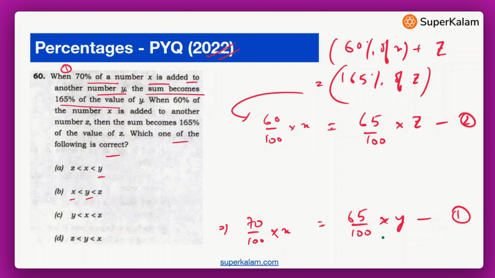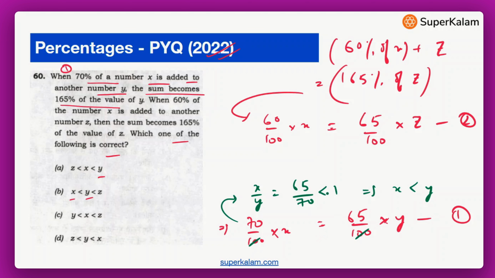If we take the reciprocal, if we take y here and 70 by 100 here, x by y will be equal to 65 upon 70, because 100 and 100 will cancel each other. 65 by 70 is something which is less than 1. If we divide x by y, we get something less than 1. So logically, x should be less than y.